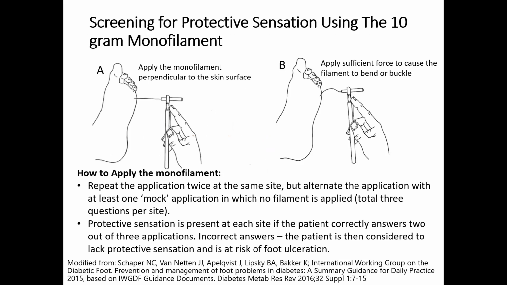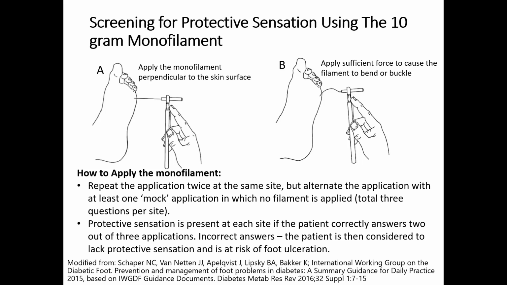Apply the monofilament perpendicular to the skin surface and apply sufficient force to cause the filament to bend or buckle a little. Now repeat the application twice at the same site, but alternate the application with at least one mock application in which no filament is applied. So total 3 questions per site.